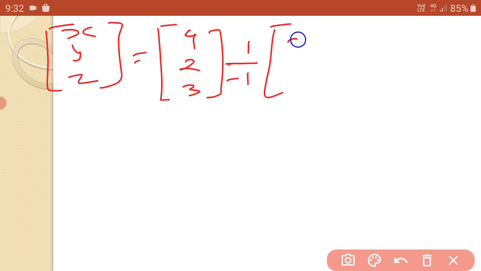After that, we write x, y, z is equal to 4, 2, 3, then 1 upon minus 1, and here the adjoint A means 2, minus 1, 3, 1, 3, minus 3, then 0, minus 2 and 1.